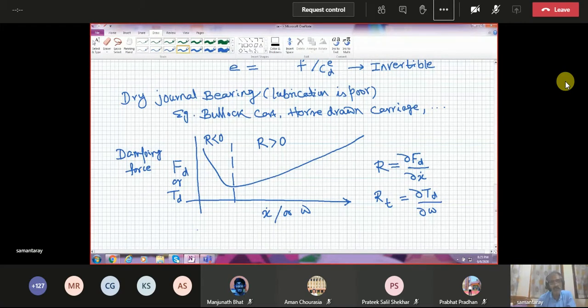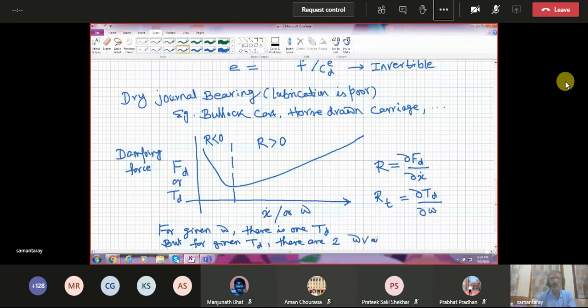Problem is, for given say omega, there is one torque, but given torque, there are two omega values. So what happens is you can write this relation in one way.